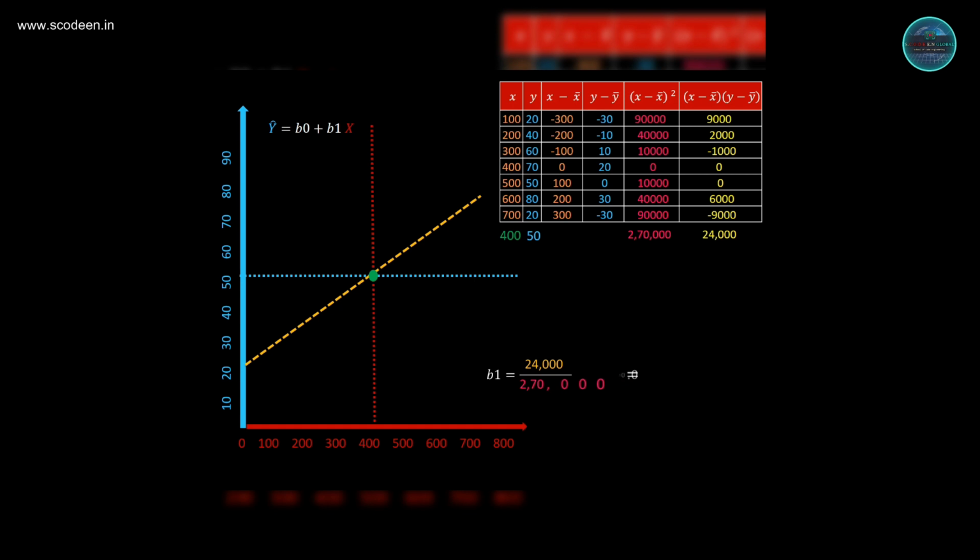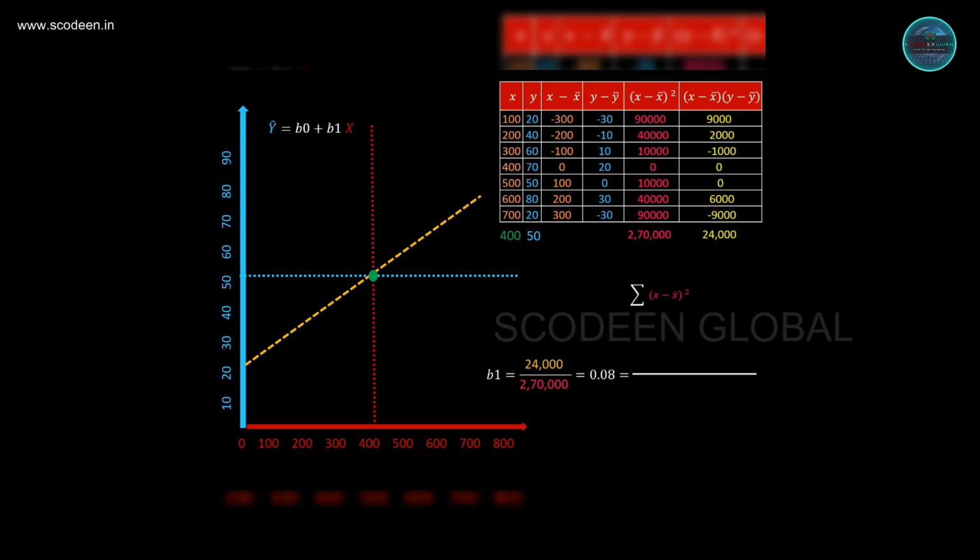Always remember, the summation of x minus x bar whole square will be in the denominator, and the summation of x minus x bar into y minus y bar will be in the numerator. This is an important point.